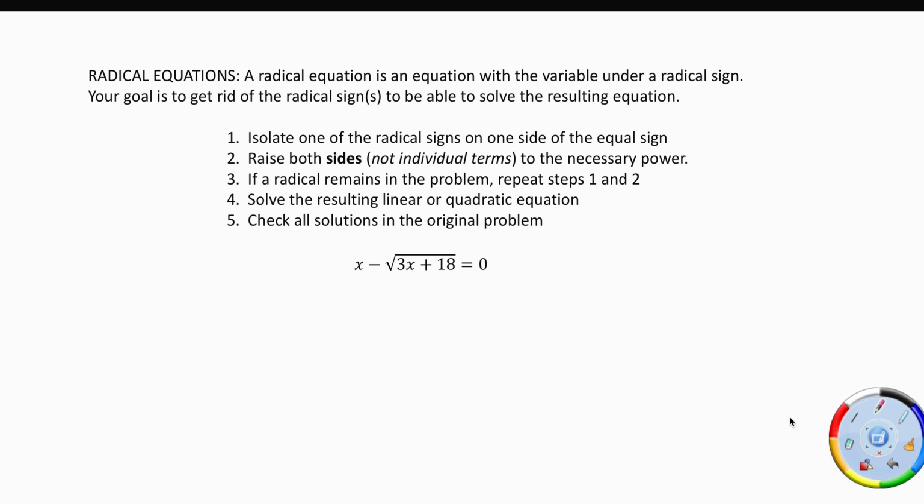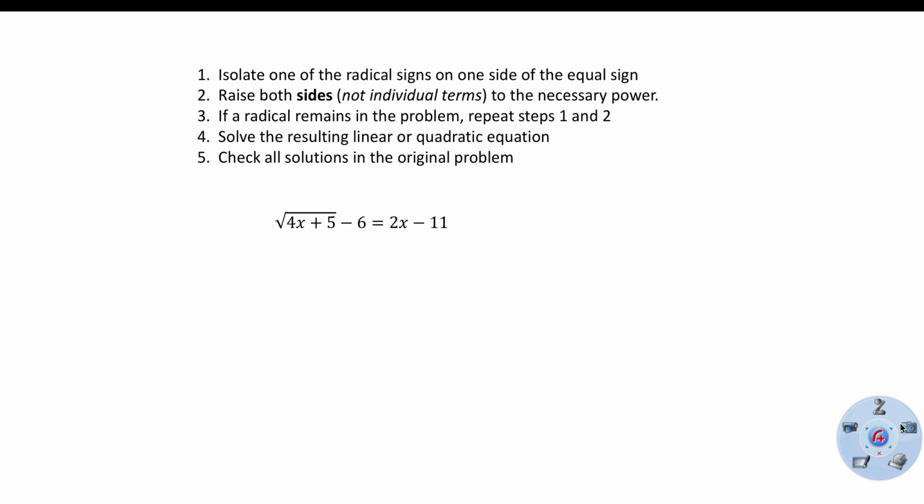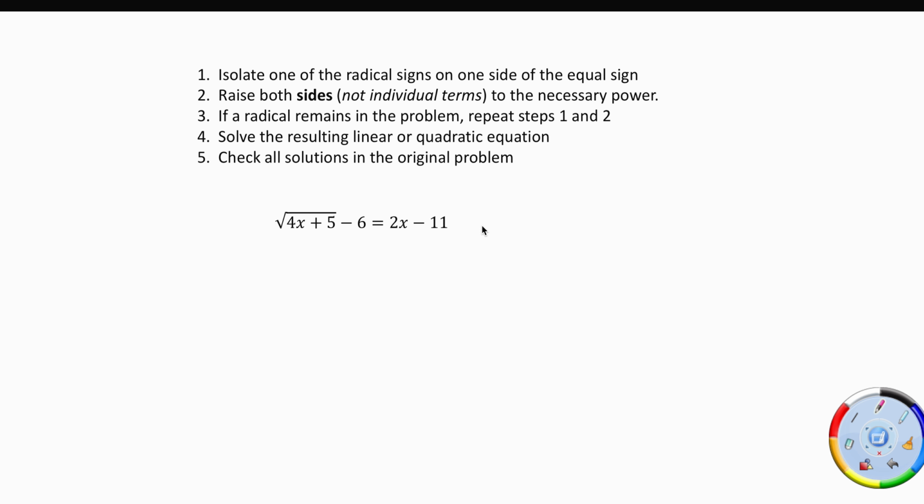All right, let's try that again. Isolate one of the radicals. This one only has one radical, so I'm going to isolate the radical. I would have the square root of 4x plus 5 equals 2x minus 5, right?